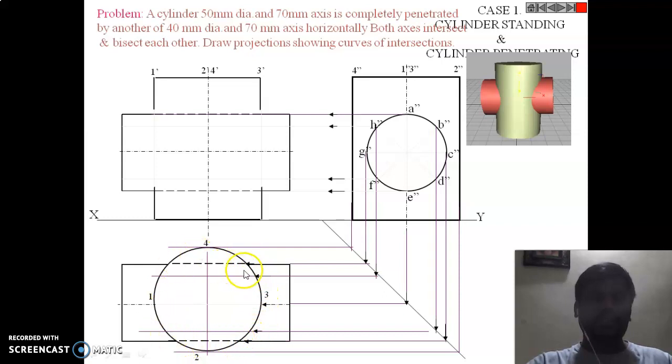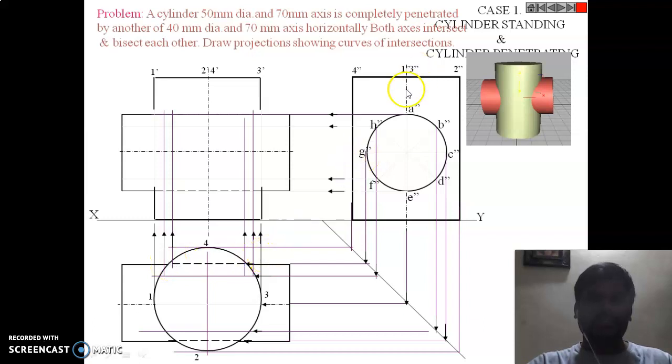So what we need to do with these intersections is give some naming to them. So they are nothing but what? Here it is A to G dash, H dash in the side view. When you project that, for example, let's take this G. This G is nothing but G double dash in the side view. Its top view will be what? Here. That is G dash. Here you'll be getting one G, and here you'll also be getting one more G, isn't it?